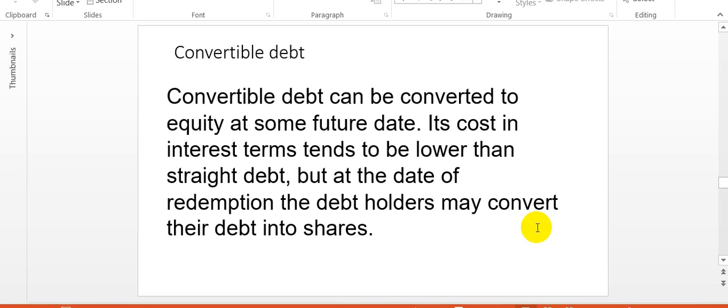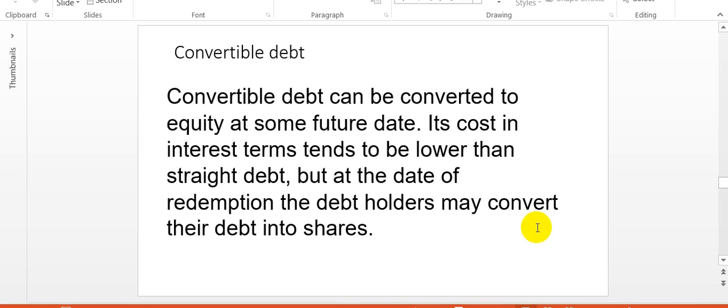Not necessarily at the date of conversion, they can convert at any time of their choosing, but of course before the redemption date. The interest on the convertible debt tends to be lower because of that option of the holders to convert to equity.